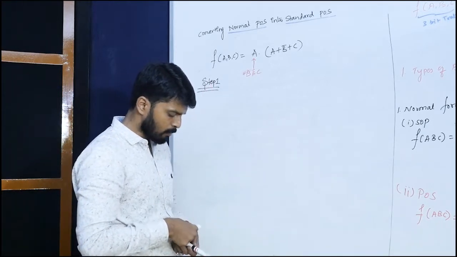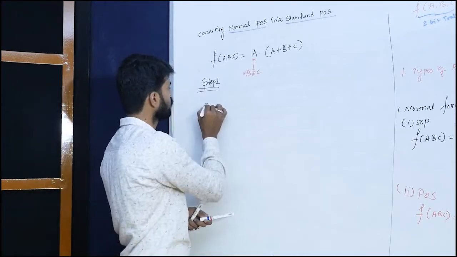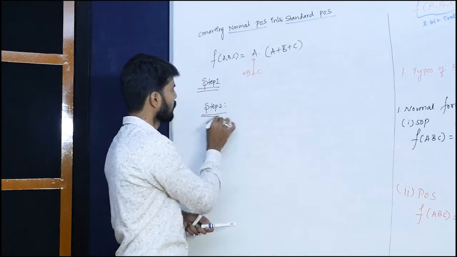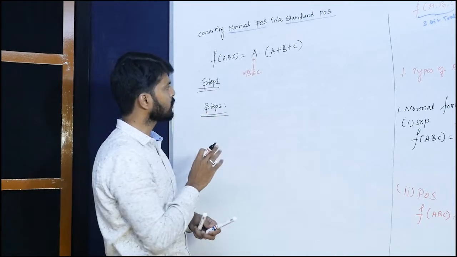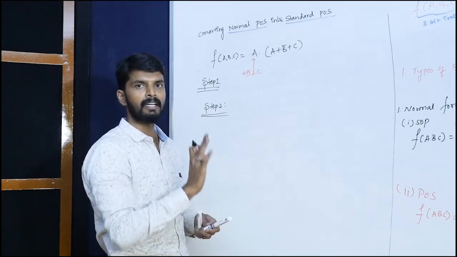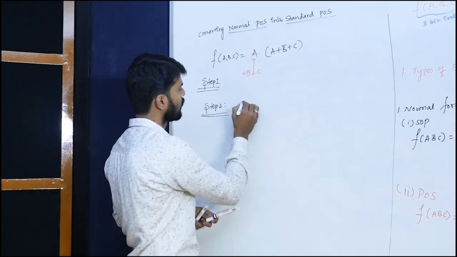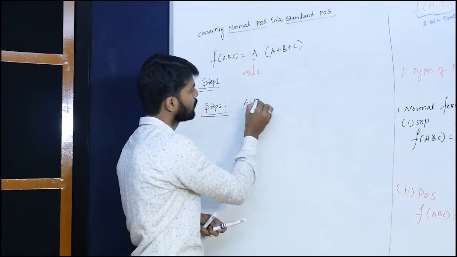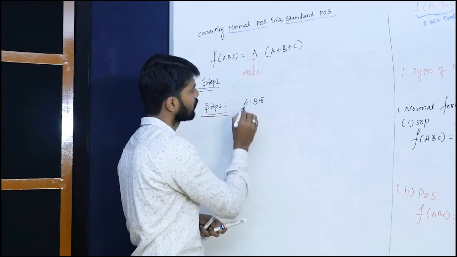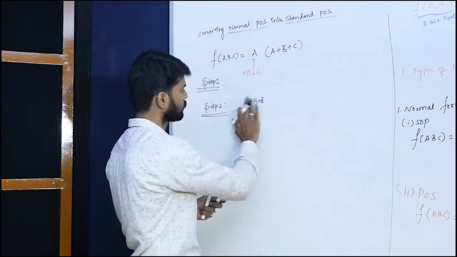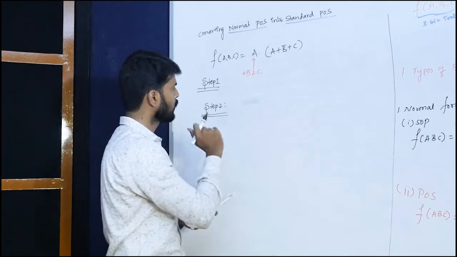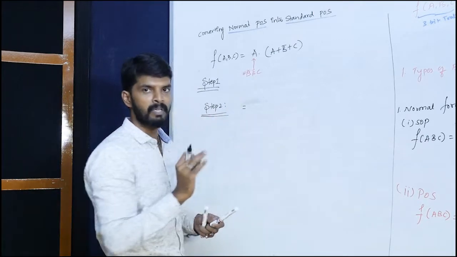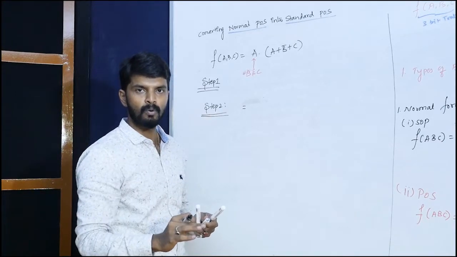Second, in step 2, what we need to do? Step 2, we need to do addition of the missing term and its complement. How to do that? For example, if I write A plus B into B bar, we need to do the missing term addition. How to do the addition?